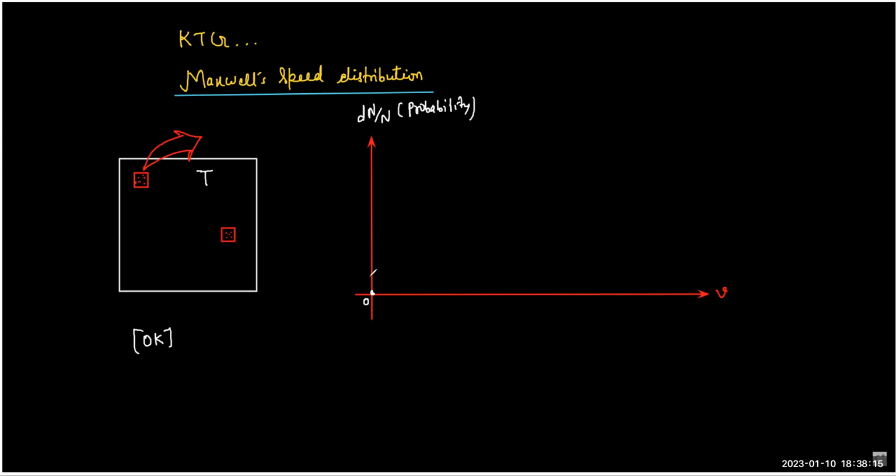So if you plot the graph will look like a bell curve, which means the fraction will grow with velocity. But at one particular velocity, the fraction becomes maximum. So at one particular velocity, the fraction becomes maximum. And then after that, the fraction will start again decreasing, because the probability of having very high velocities again.